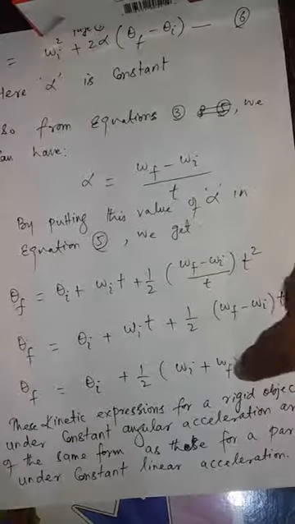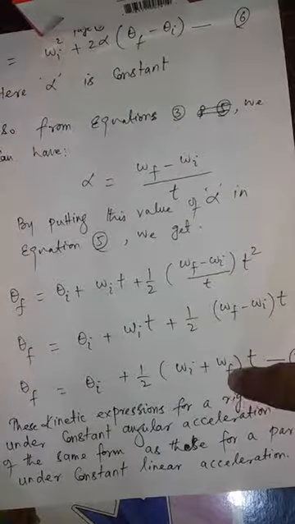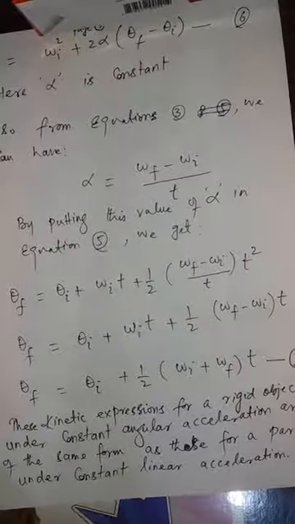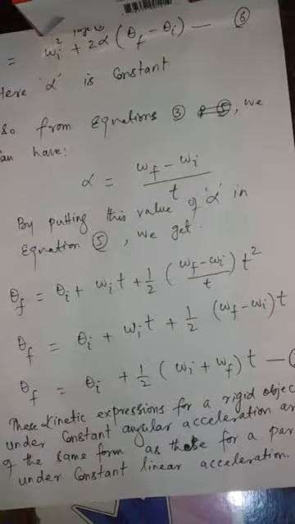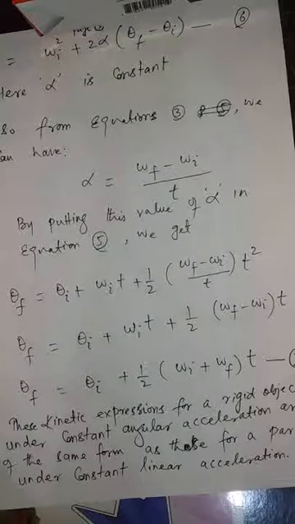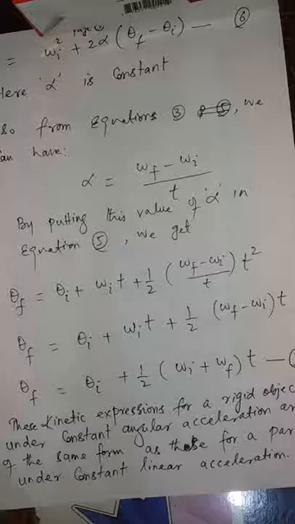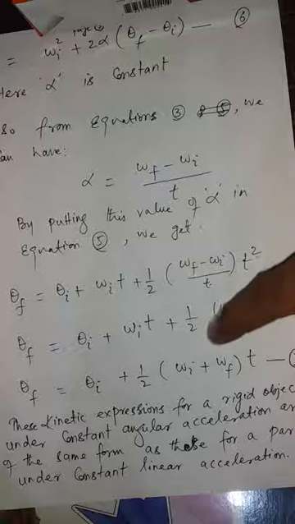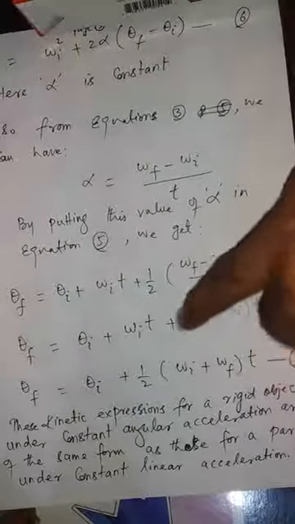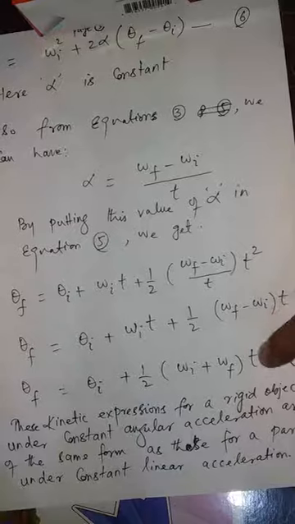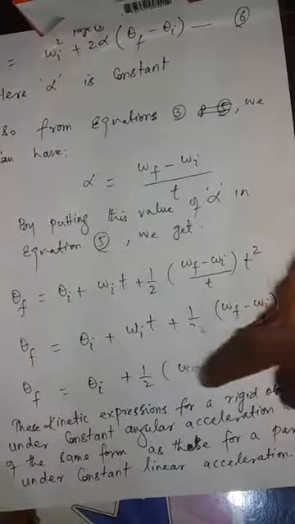So this term, omega i plus omega f by 2, gives the average angular speed under constant angular acceleration. When the object is in angular motion under the influence of constant angular acceleration, its angular speed transforms from omega i to omega f in time t. So this will be the average angular speed.